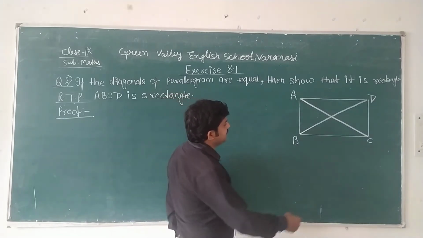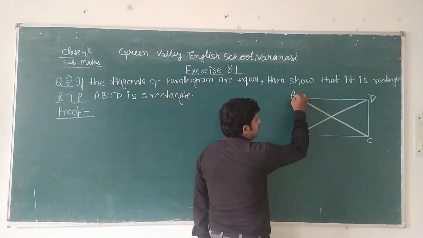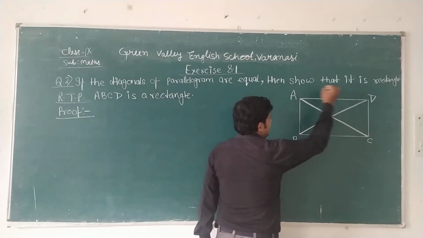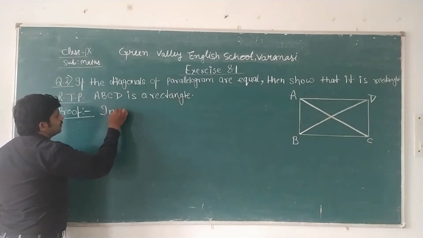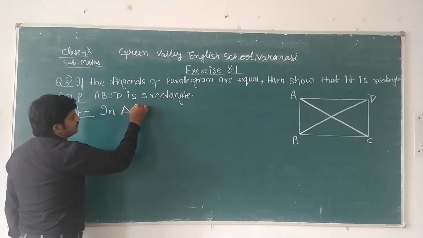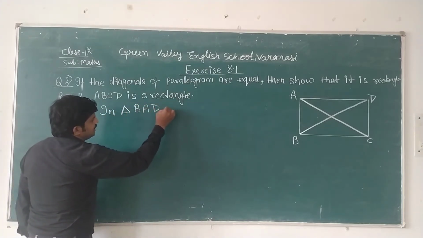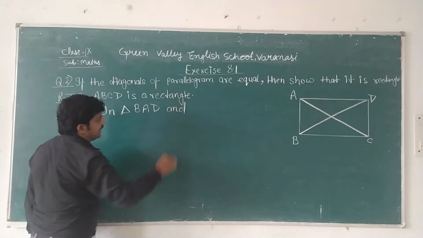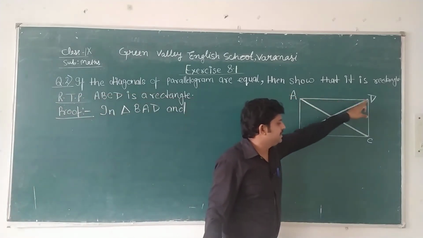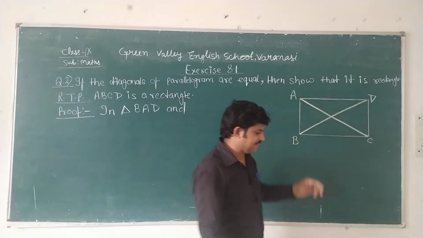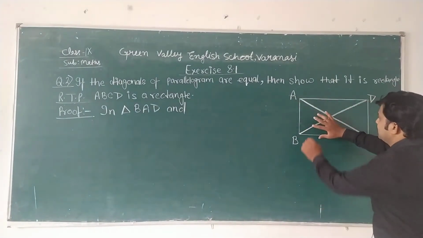Suppose we take this triangle BAD, the upper triangle.